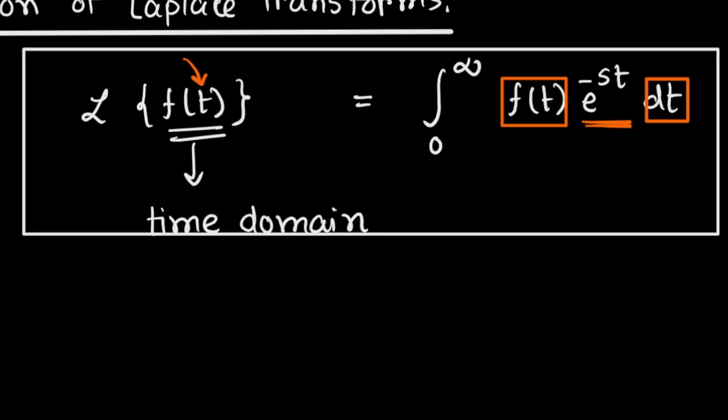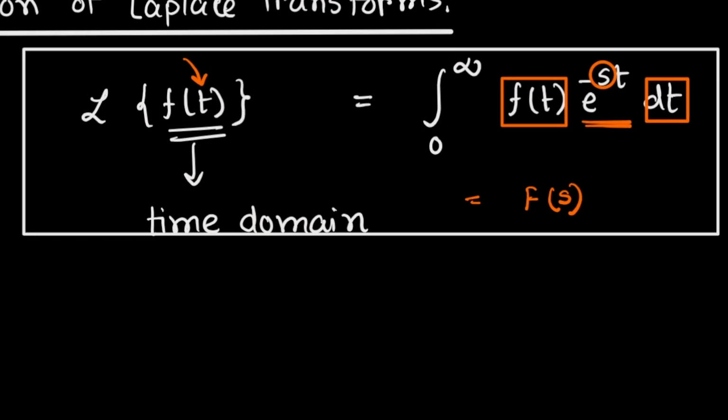After we have finished the integration, all the t's are going to vanish because of the integration and because of the limits here. The only variable that's going to be left in this function is going to be the s right here. So we can call this function capital F of s.